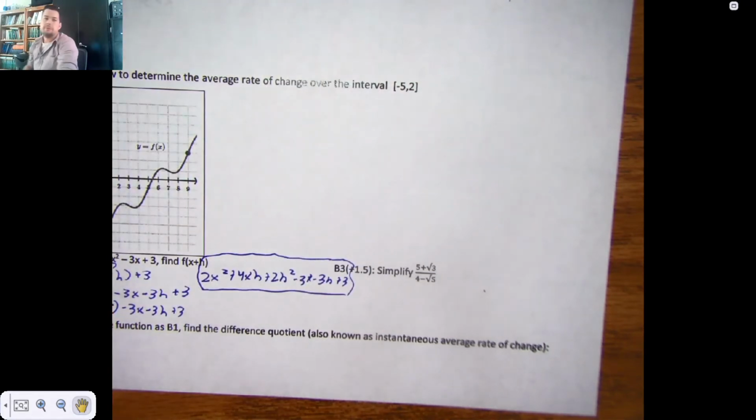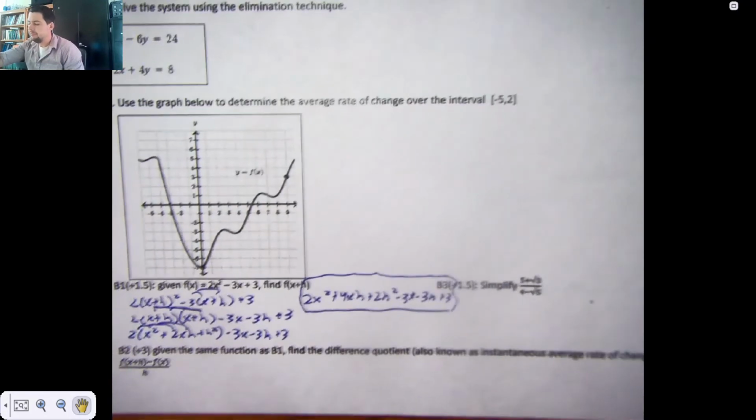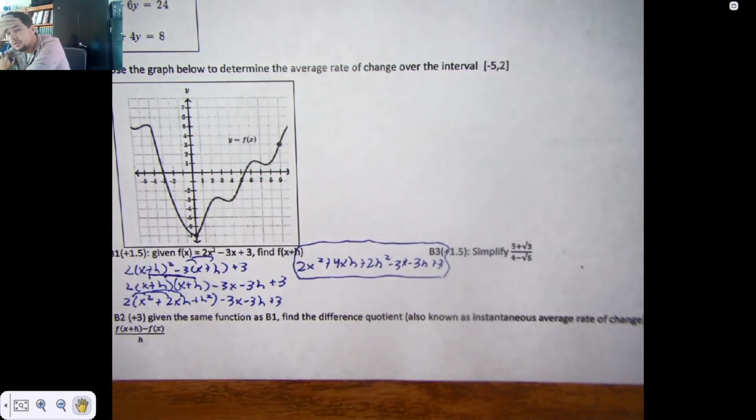I'm going to go ahead and jump down to bonus 2 since they're related. It's given the same function as bonus 1, find the difference quotient, which is also known as the instantaneous rate of change. I should end up with something along the lines of probably 4x minus 3 plus something. But that's a shortcut, which I'll teach you when you take calculus.